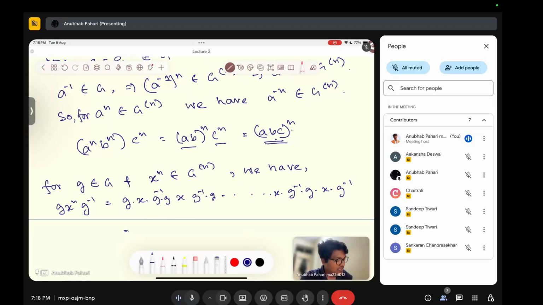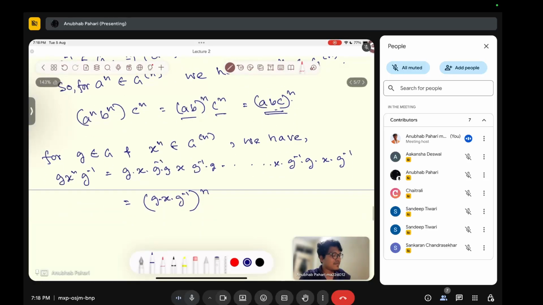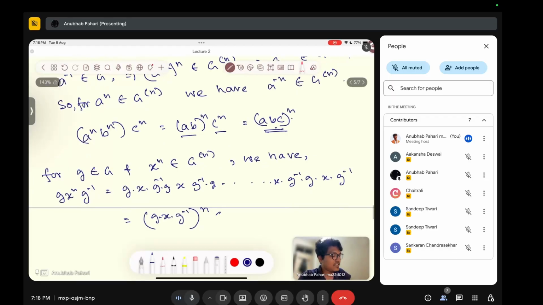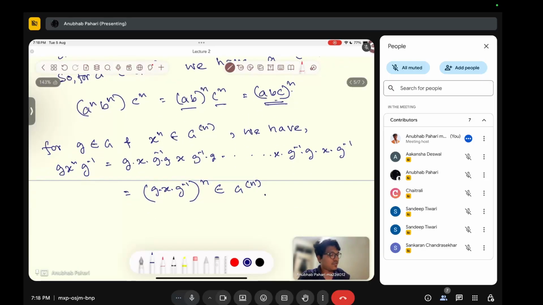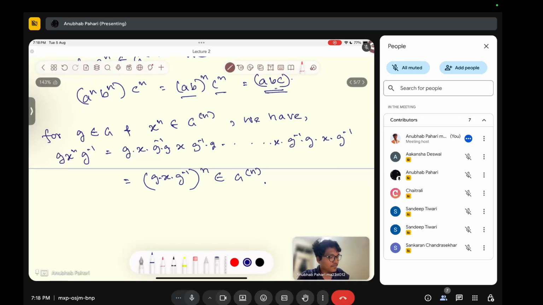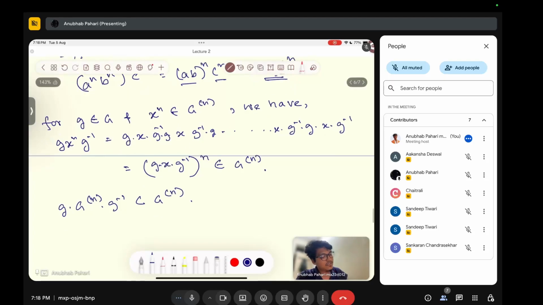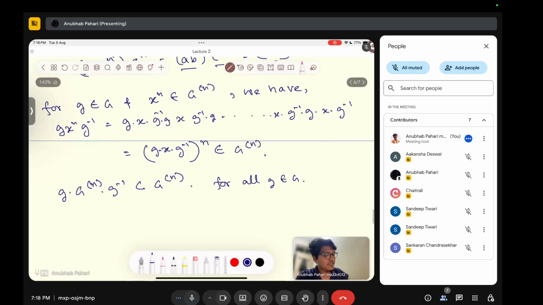Then you will see that g x g inverse is repeating n times, and g x g inverse belongs to G, so this belongs to G to the power n. So what you have shown is that g Gn g inverse belongs to Gn for all g belongs to G, so Gn is normal.